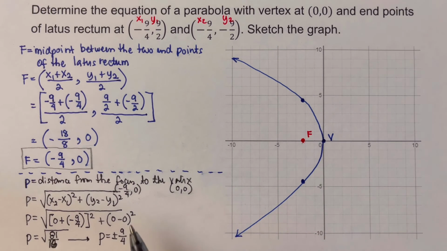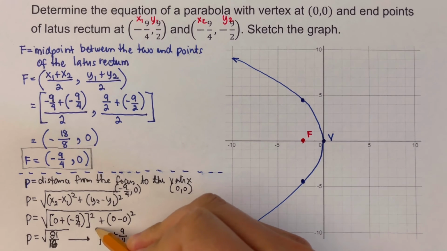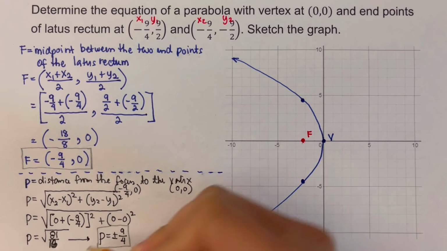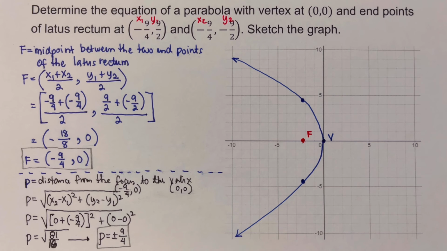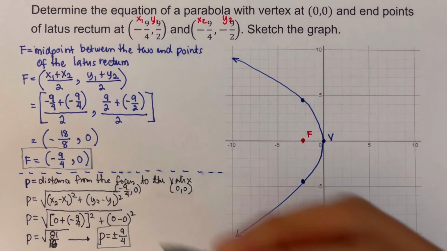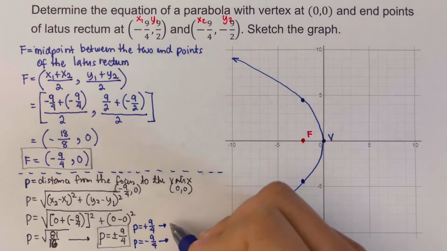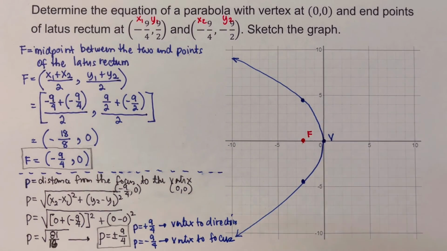After I plugged in the values of x sub 1, y sub 1, x sub 2, y sub 2 into the distance formula, we got this value right here. There are two values here because the one value of P is the distance from the vertex to the focus, and the other value of P is the distance from the vertex to the directrix. So I'm going to write that down here. So then our value for P is negative 9 over 4.